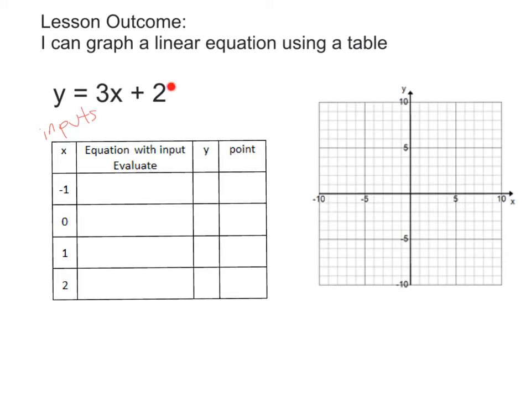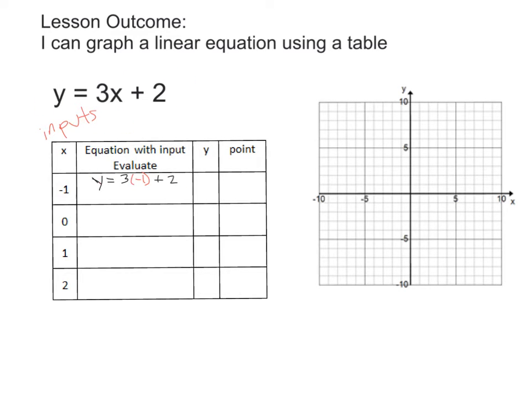All right, so we are going to take this equation right here, and I'm going to write it in here with this number put in for x as an input, right? So we have y equals 3, and the input is -1, plus 2. All right, so again, all I did is I rewrote this equation right here.